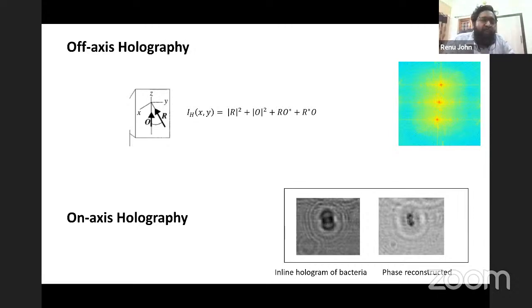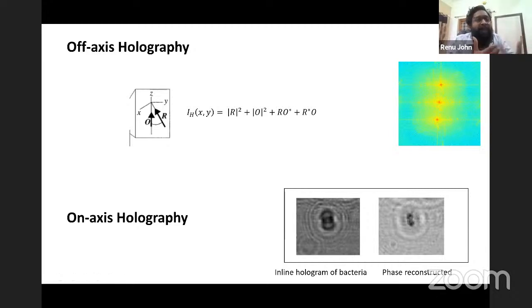we can record what we call on-axis or inline holograms. In fact, the first hologram which was recorded by Gabor to show the theory of holography was an inline hologram, where the reference and the object had 0 degrees. And what happens is that all these three terms now overlap each other. So when we reconstruct, you have the object along with its conjugate almost overlapping.